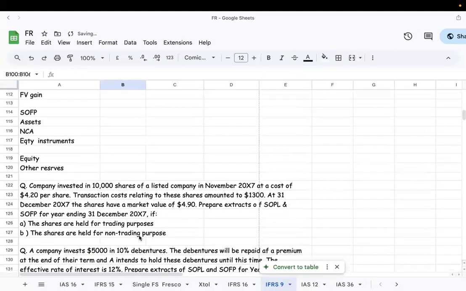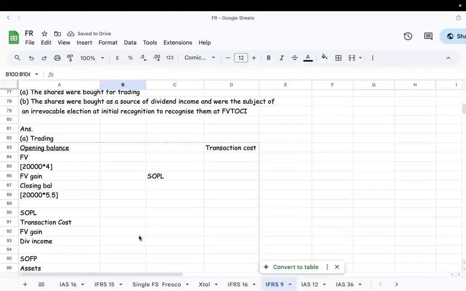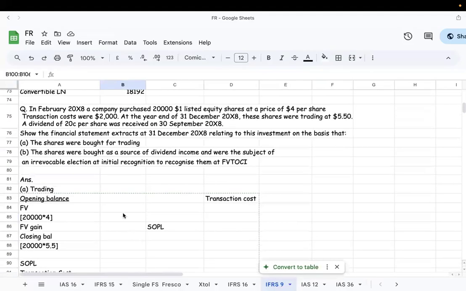For trading, we have to convert the opening balance into its fair value. At that point in time, on 1st February, there is no depreciation, so you don't care at which date you have bought it, as far as it happens in the current accounting period.